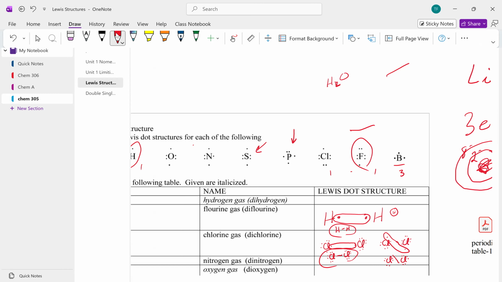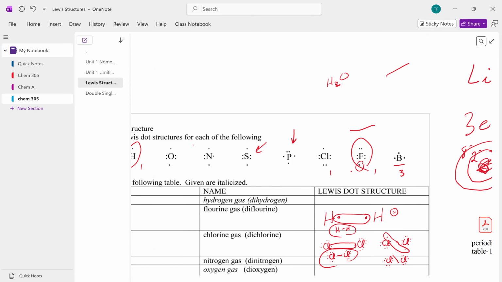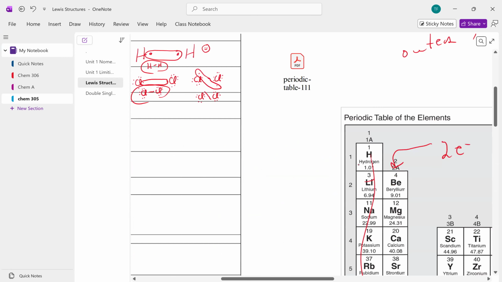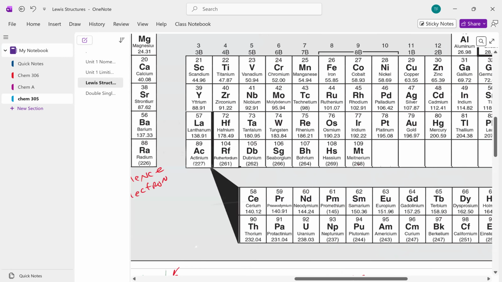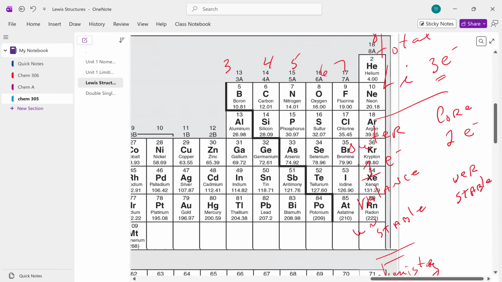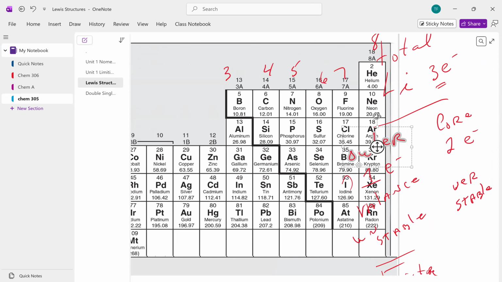Iodide, which is underneath fluorine, has 1 singleton. Okay, on the periodic table, here's iodine, and it's under fluorine. So that means that's 1 singleton.